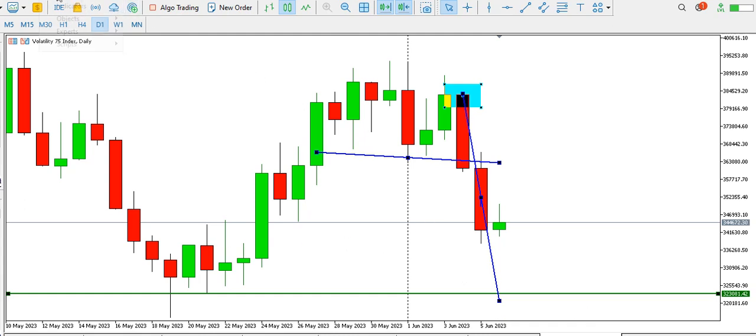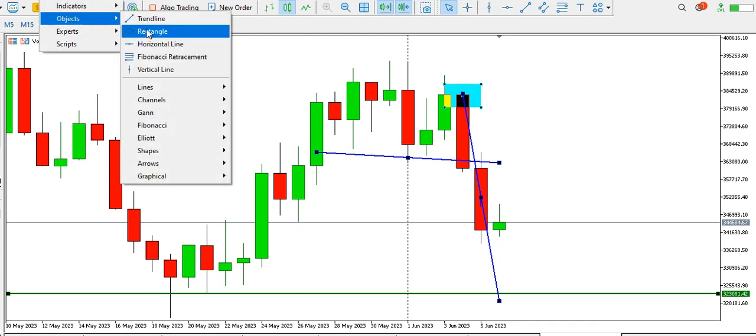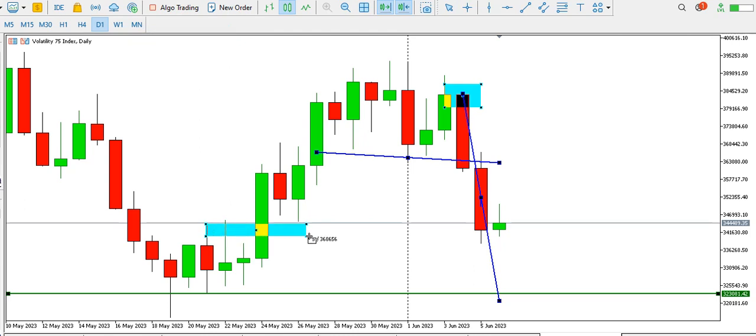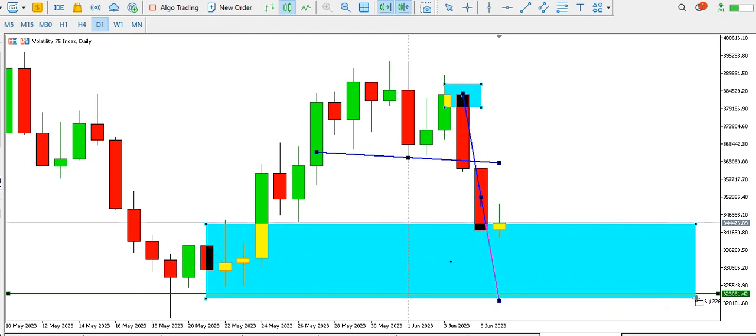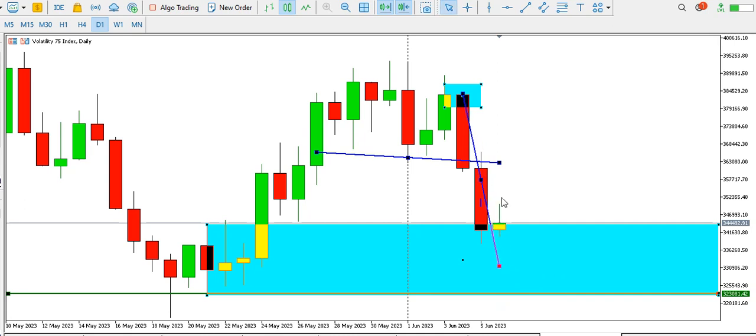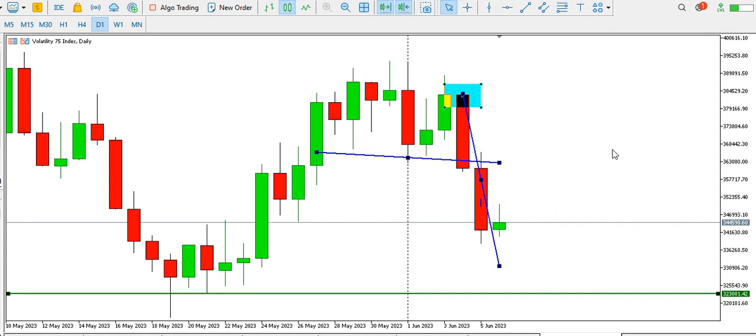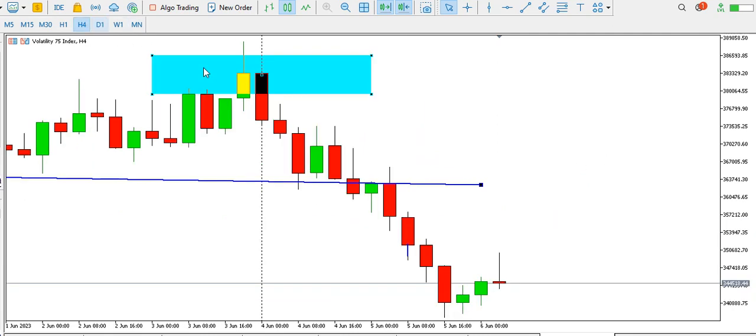Currently price is almost at the order block, the supply level on the daily time frame. I expect price to drop a bit more into that level before price is able to find some level of demand. So that's that for the daily time frame. Price is still bearish on the daily time frame for volatility 75 index.